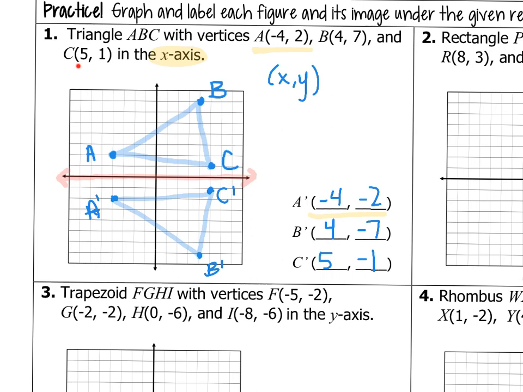Same thing with our C to our C prime. 5, 1, and then 5, -1. So the rule for this is that we keep our x, but we do the opposite of y, so we make it a -y. So this might be handy for the future. If you want to copy that down somewhere, that would be important later.